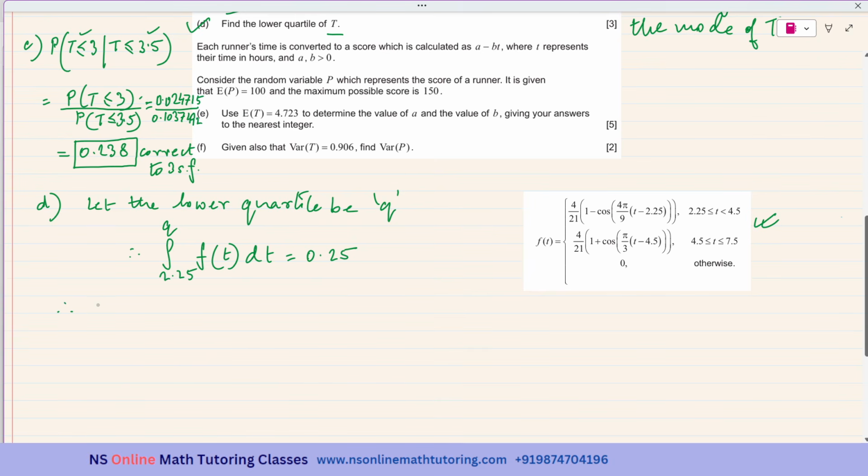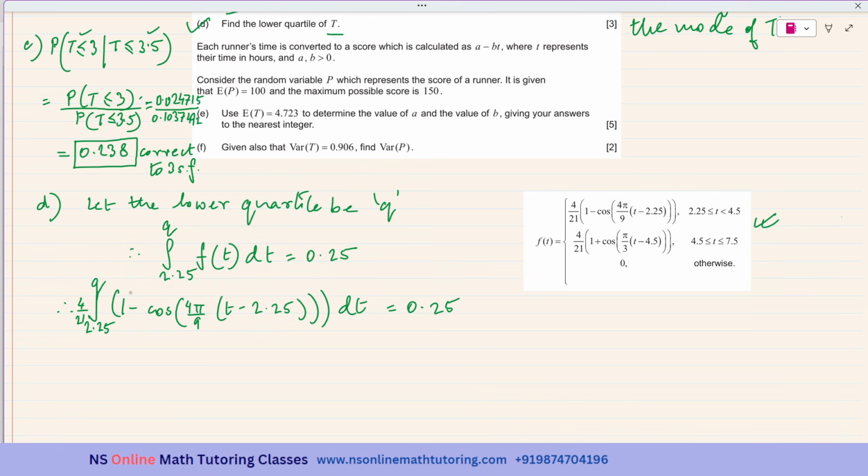So therefore, integral from 2.25 to Q, and I can write the 4/21 outside, and it is 1 minus cos 4 pi over 9 (t minus 2.25) dt is equal to 0.25.